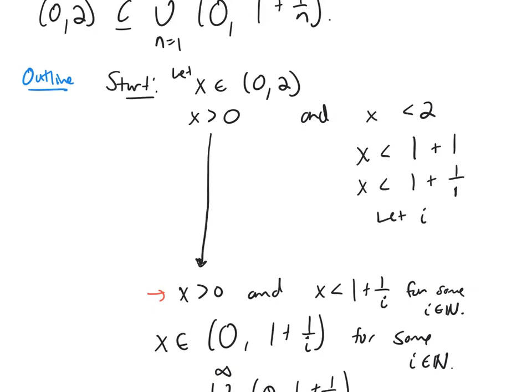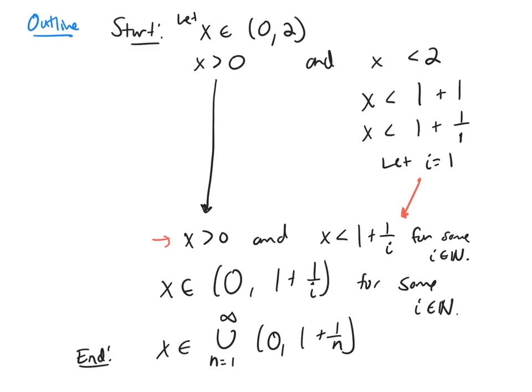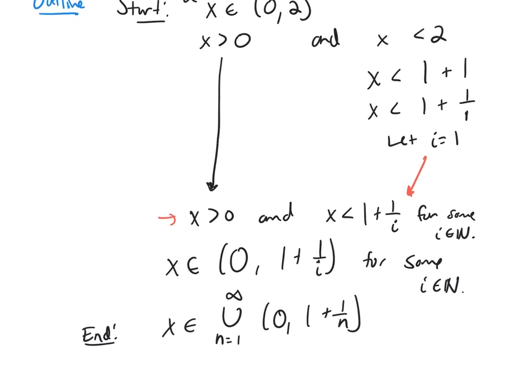So you should let I be 1, and if I is 1, this inequality would be true. So again, we're just sketching the proof right now, and we filled in the second part. So now you can go and write this proof up formally.